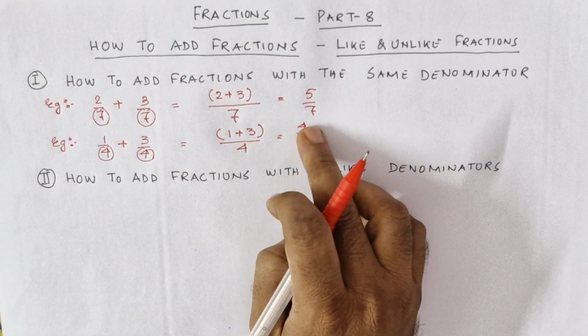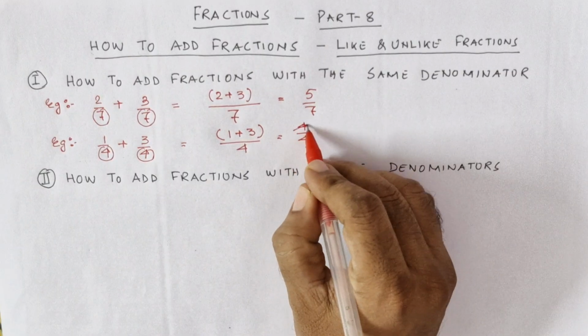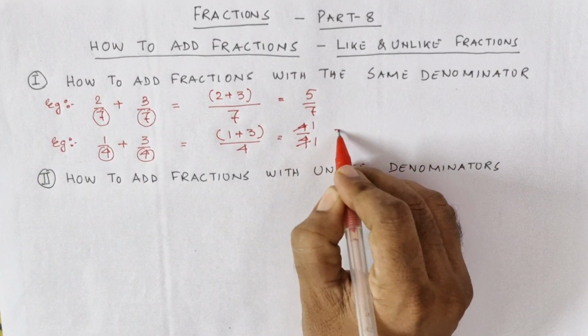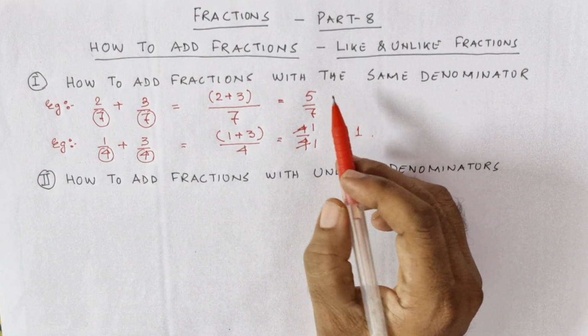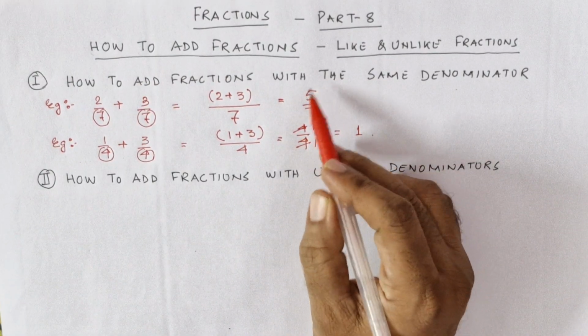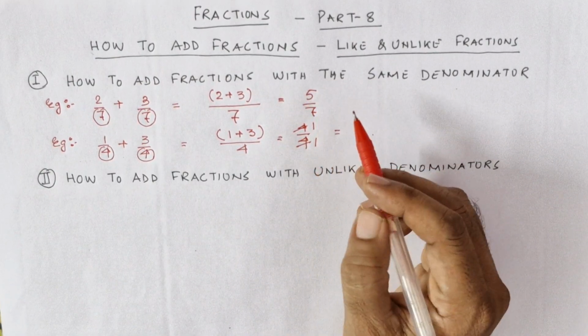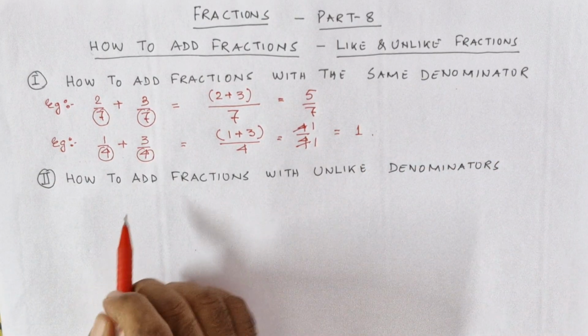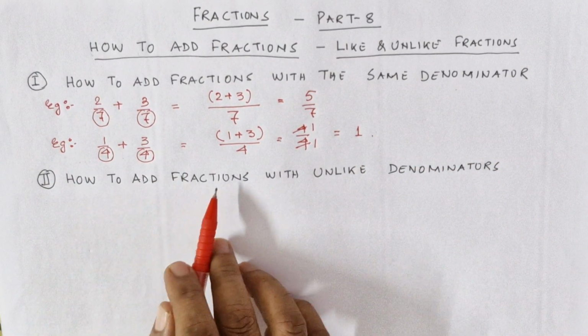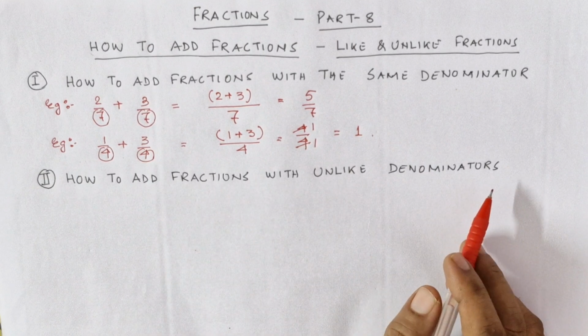Now see, it can be simplified. 4 ones are 4, 4 ones are 4. The end result is 1. So at the end of the result, see what the fraction remains. If it can be simplified, simplify it. Got it? So let's move to the second aspect of addition of fractions, how to add fractions with unlike denominators.